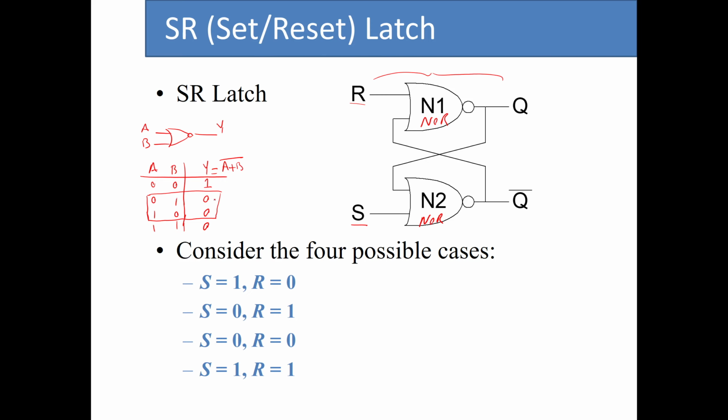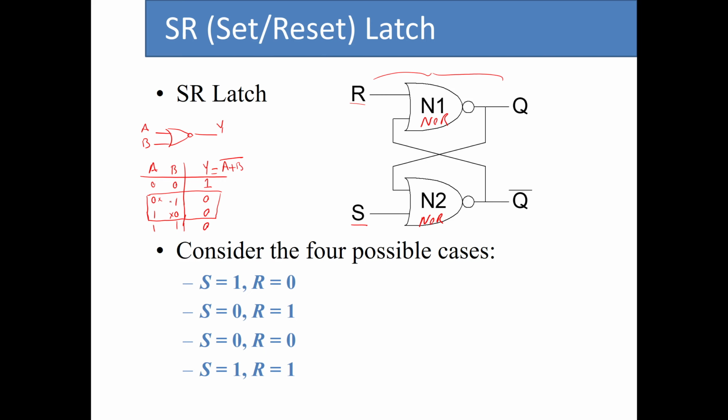So the output is going to be 1 anyway. If we have B as 1, and A as X, the output of the NOR gate will always be 0. The same is true for the other row. When A is 1, it doesn't matter whether B is 0 or 1. The output is going to be 0.